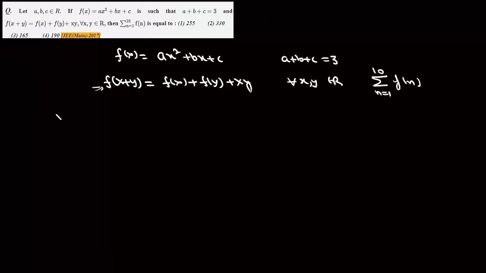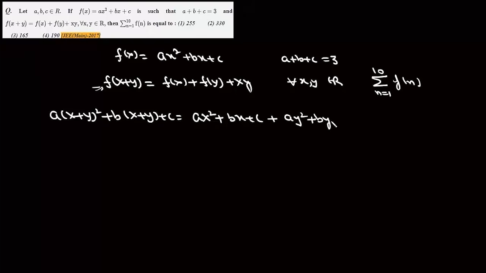So now fx plus y will be a x plus y whole square plus b x plus y plus c, and will be equal to fx. So it will be this ax square plus bx plus c, and plus fy will be ay square plus by plus c plus xy.